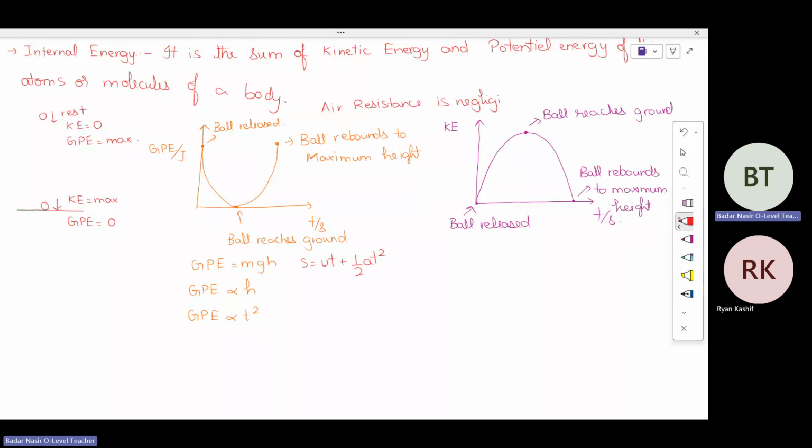Now, how do we know that these graphs are going to adopt a quadratic path? The displacement equation, that is S is equals to ut plus half at square. S is actually the height.